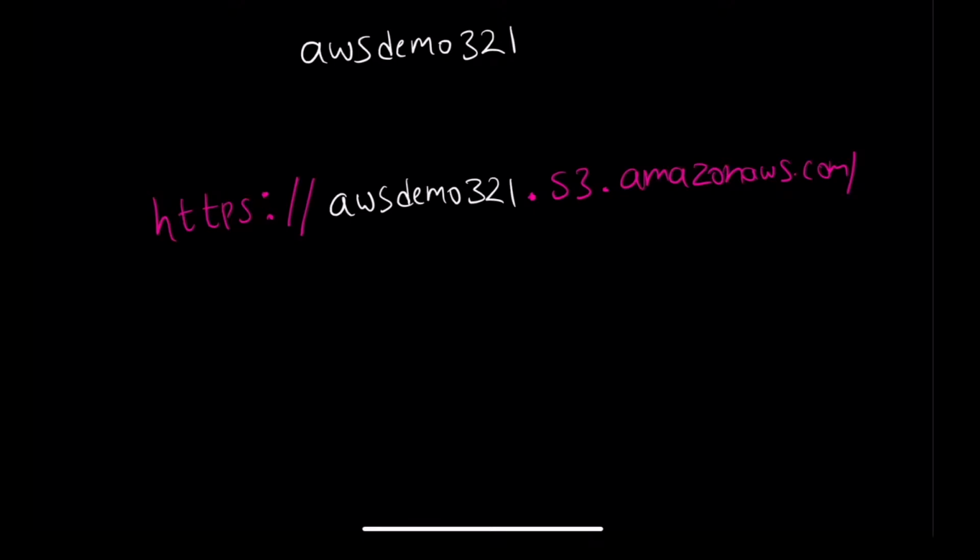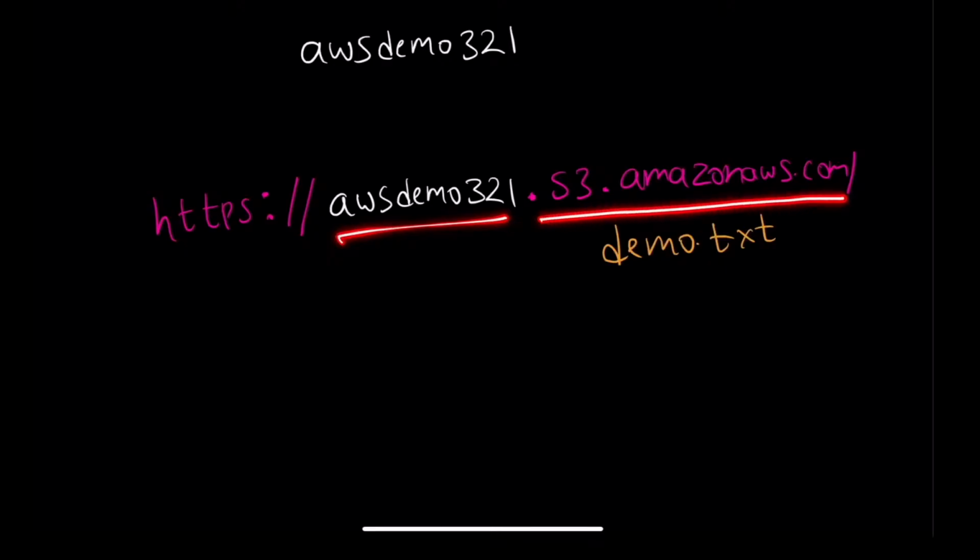Let's say I upload a file called demo.txt. If I upload a file called demo.txt, the whole address for it is going to be https:// the name of the bucket .s3.amazonaws.com. This is going to be constant, and after that, whatever object you might have placed in the bucket, the name of that object, demo.txt.